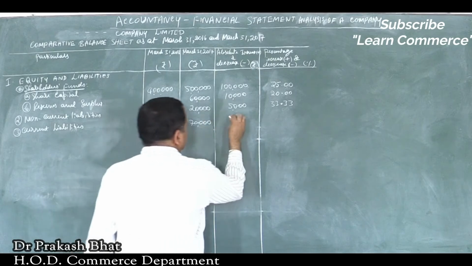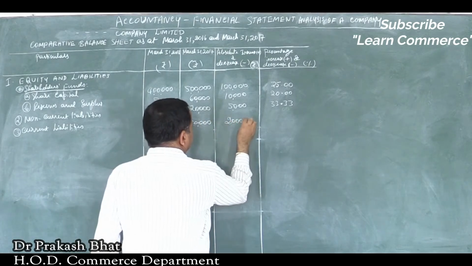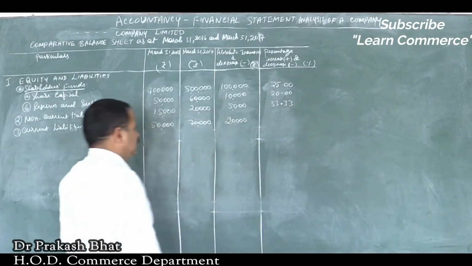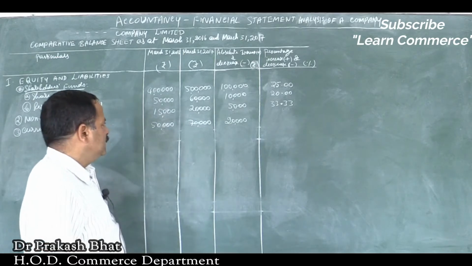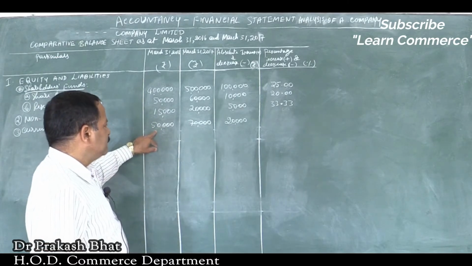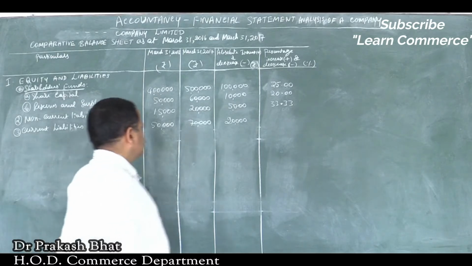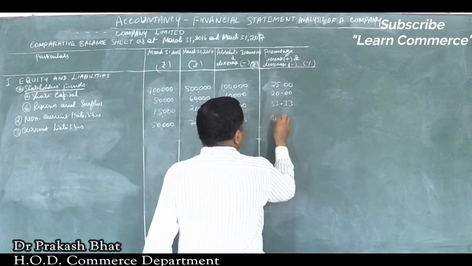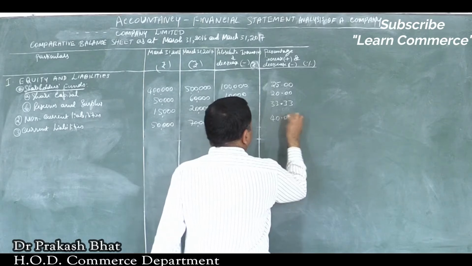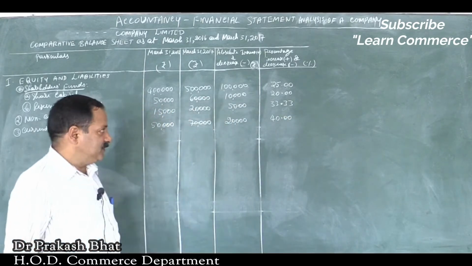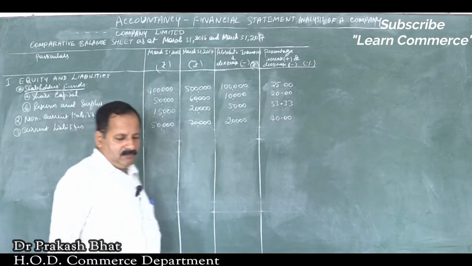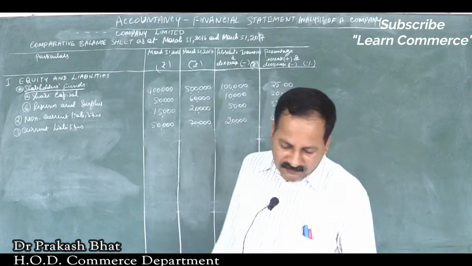So there is an increase of rupees 20,000. So what is the percentage? Is it 40%? Yes, 40% it is. Now, liability side over.